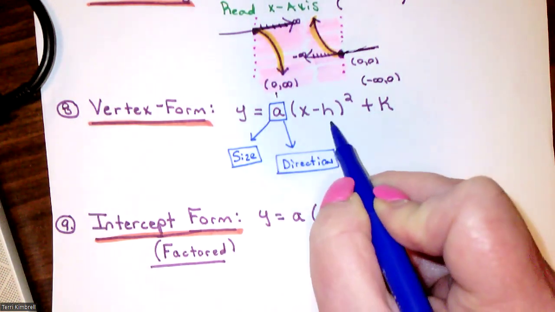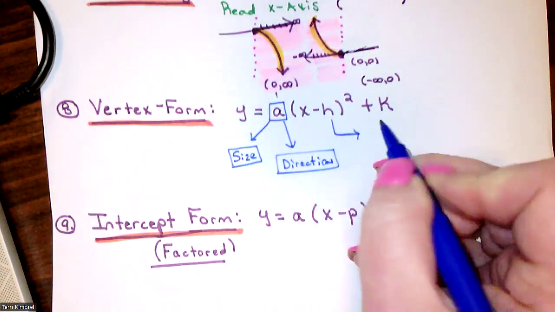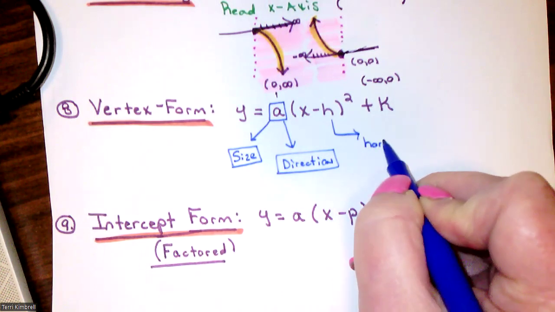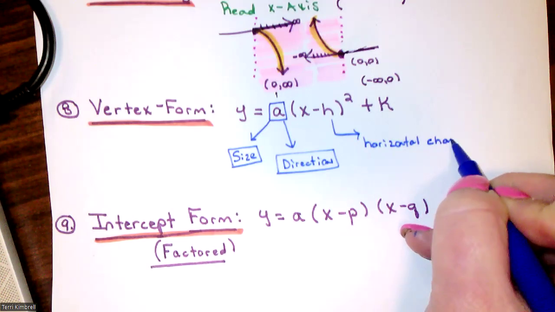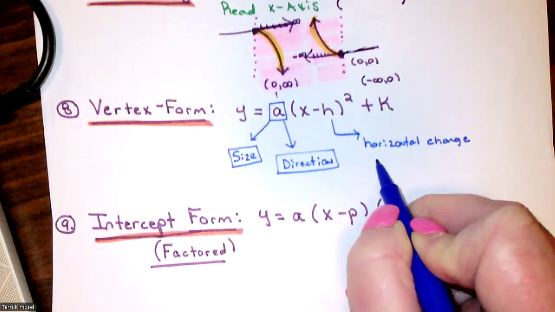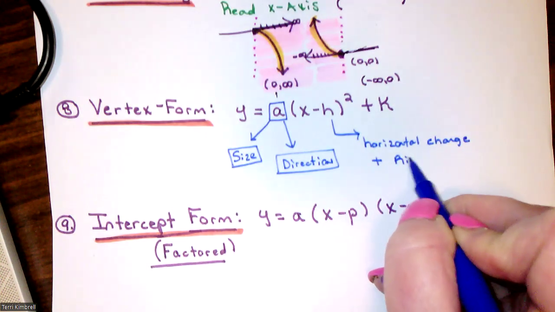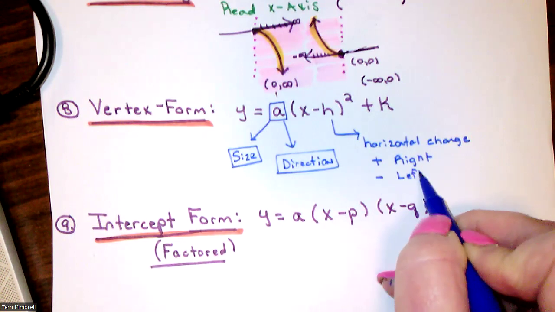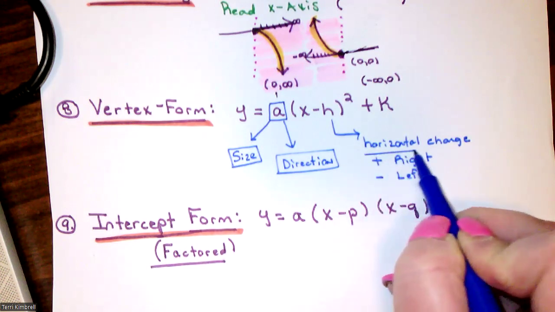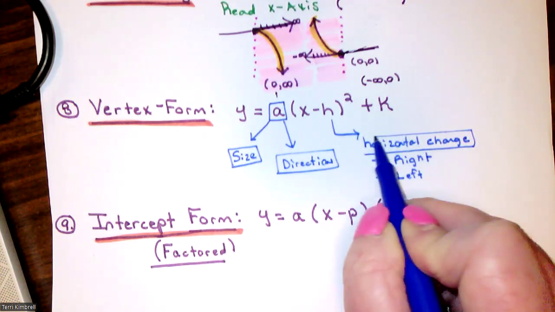If you remember, the H was your horizontal change. And remember, if it was plus, it went to the right, and if it was minus, it went to the left. That affected your horizontal.